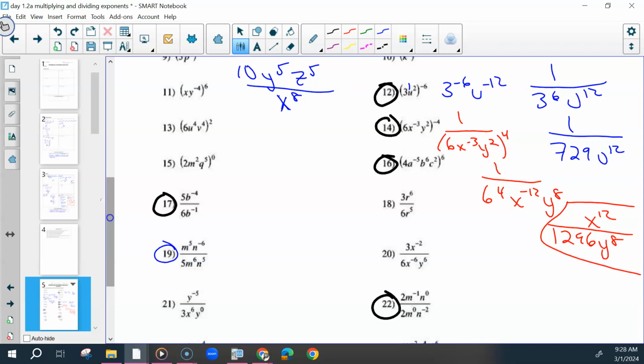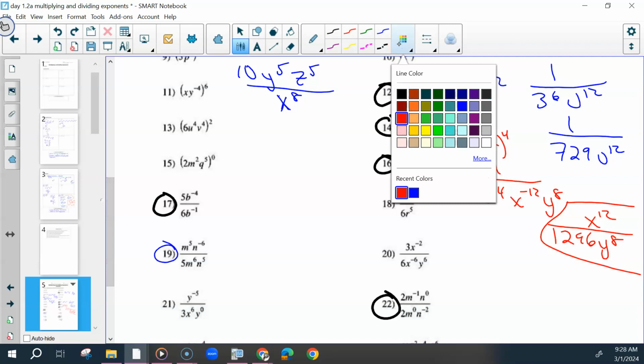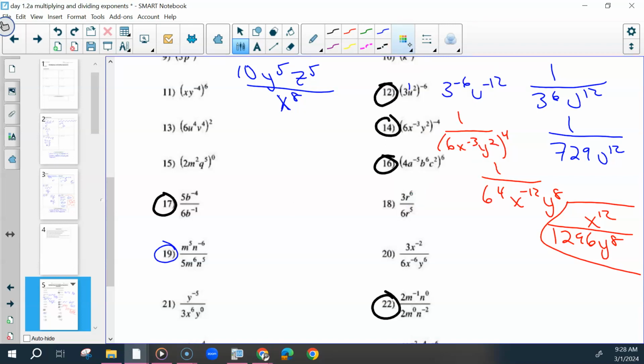And then we'll do 16. 16 had just a positive exponent, so no need to change anything. But we would have 4 to the 6, a to the negative 30th, b to the 36, and c to the 12th. And a to the 30th is going to get moved down.